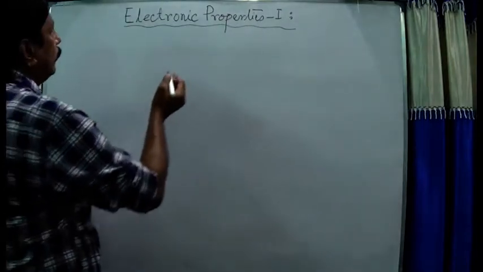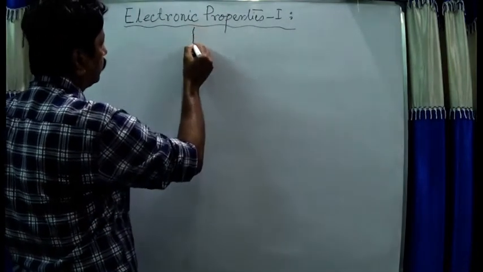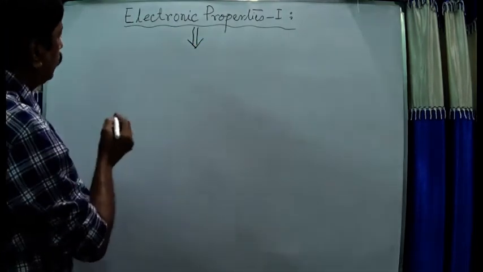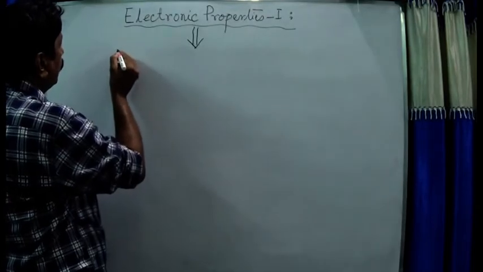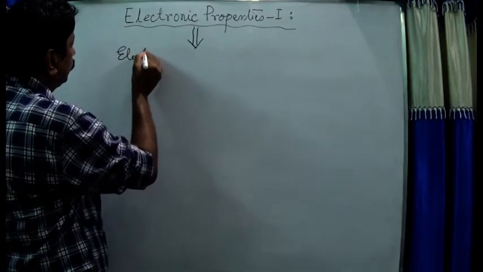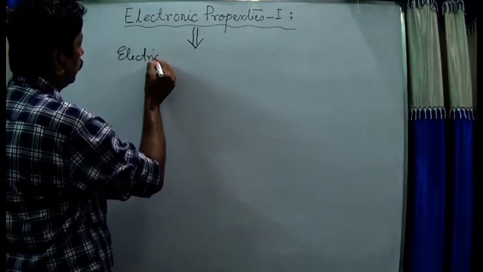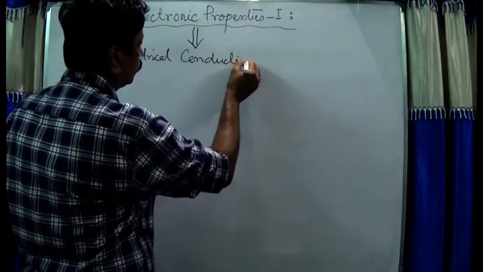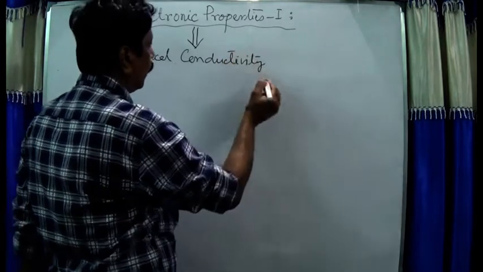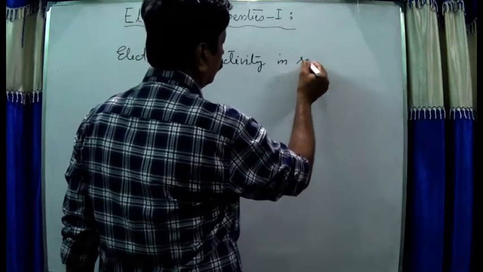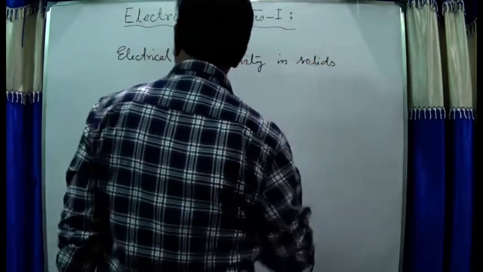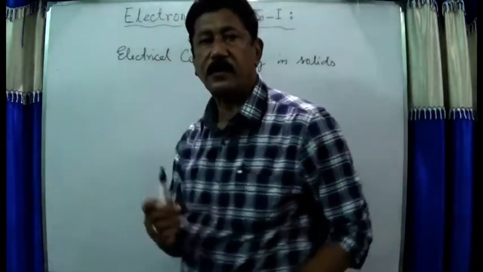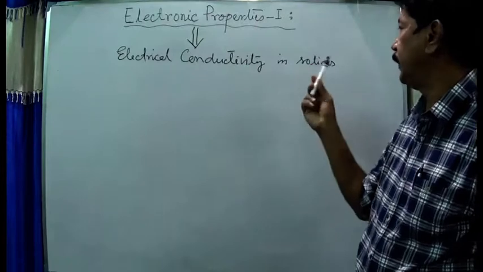Now, this broad subject head, mainly we are going to discuss about the electrical conductivity in solids. Okay? So mainly we will try to discuss about the electrical conductivity in solids.